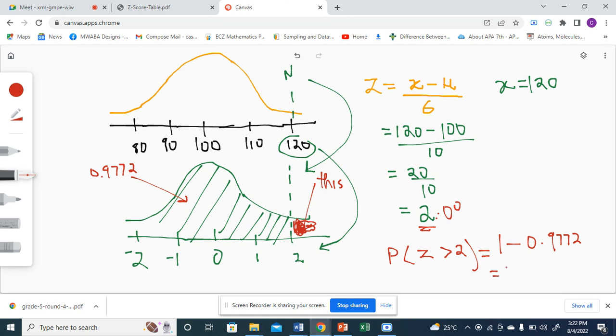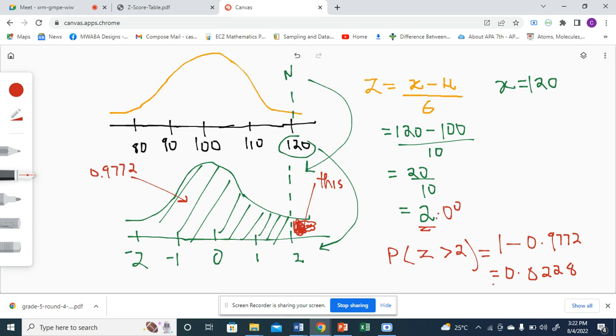You get 0.0228. If we convert that into a percentage, that's 2.28%.